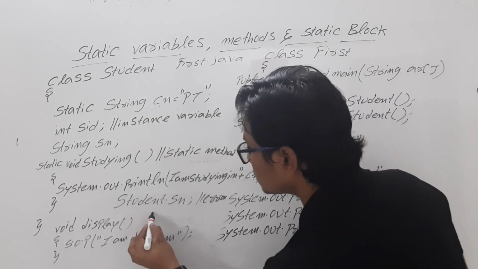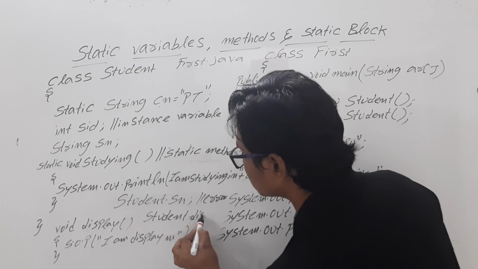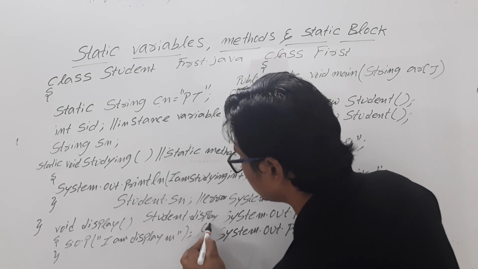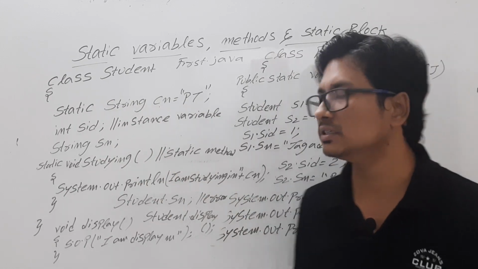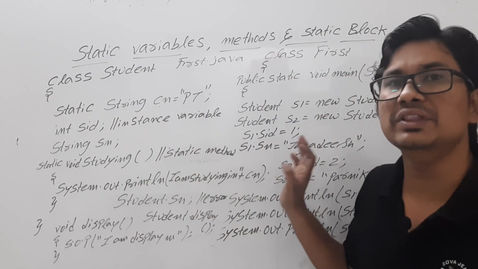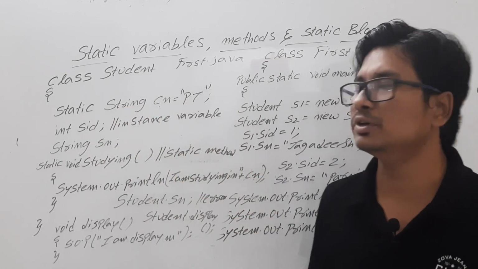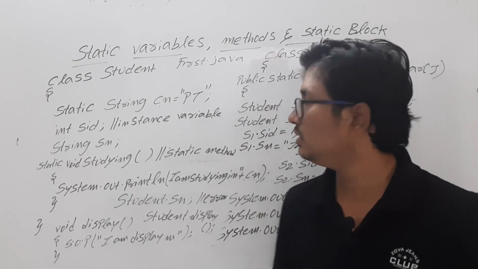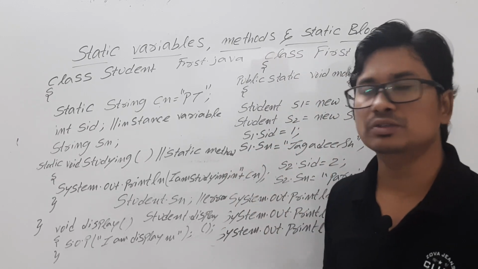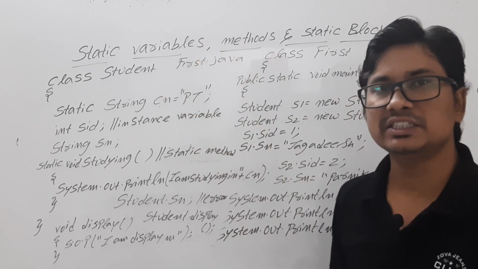If you try to access it with the help of a class name, it will also give an error. So instance variables and instance methods you need to access with the help of an object. But static methods and static variables you can access with the help of a class name and even with the help of objects also. I hope you have understood about static variables and static methods.